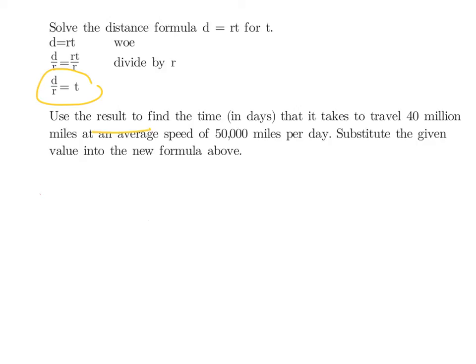I'll just go to the next screen to do that. No, I'm not going to the next screen. Sorry, I'm going to do it right here. So hang on. This is really hard to write. Okay, so this is 40 million. That's the distance right there.